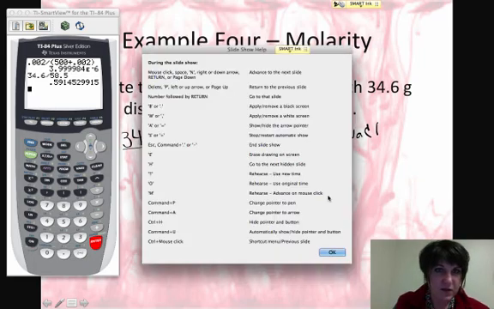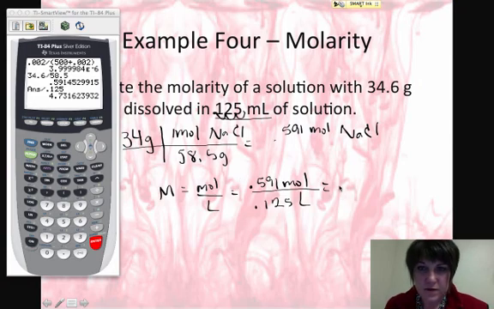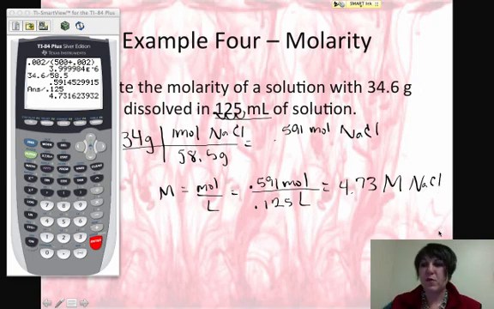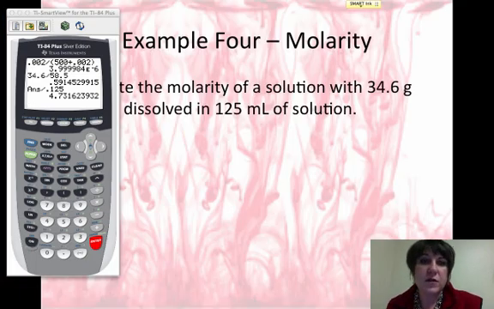So I'll take my answer in my calculator, and we're going to divide that answer by 0.125 liters, and we get a value of 4.73 molar. So our concentration is 4.73 molar sodium chloride solution. That's how we would use the molar concentration, calculating molarity by moles divided by liters. And that's all you need to know about concentration. We'll see you guys later.